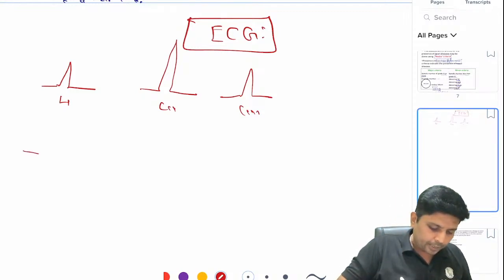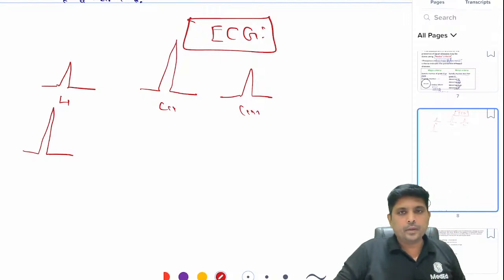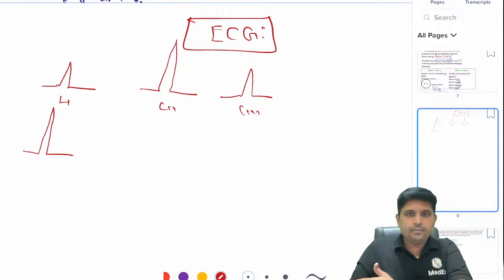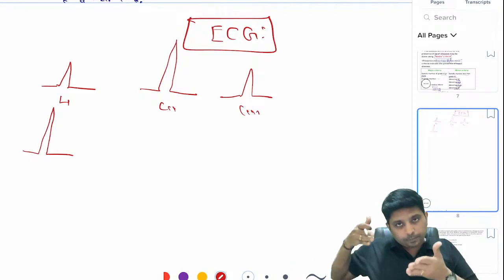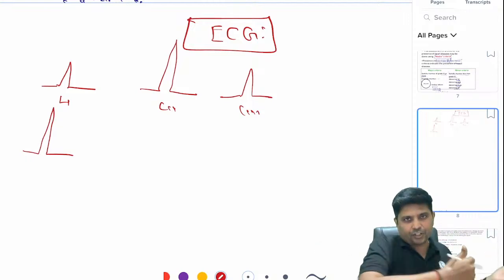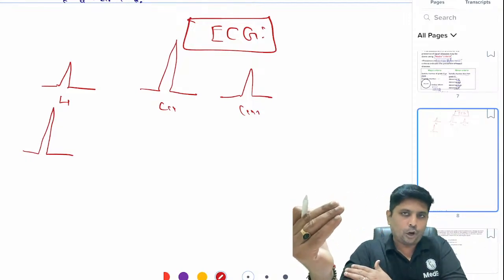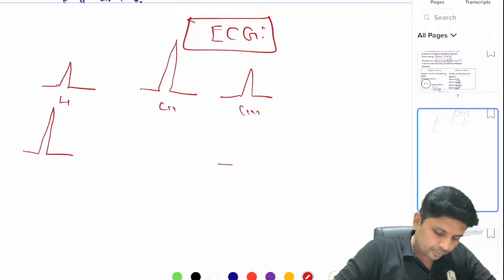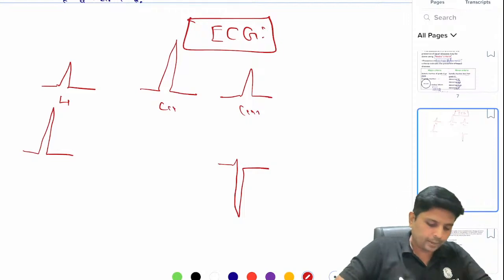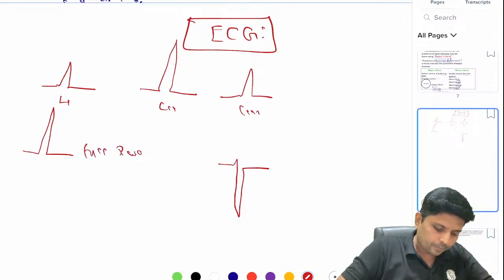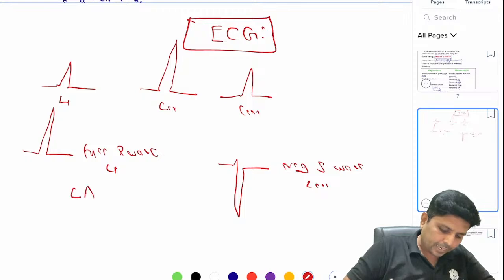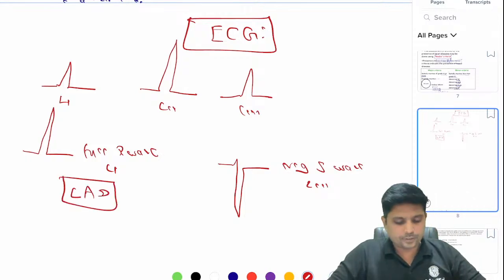So lead 1 will have a tall R wave, and lead 3, which is towards the right, the lead kept over the right arm, will have negative waves, since the waves move away from it. So tall R wave in lead 1 and negative S wave in lead 3. This is left axis deviation.